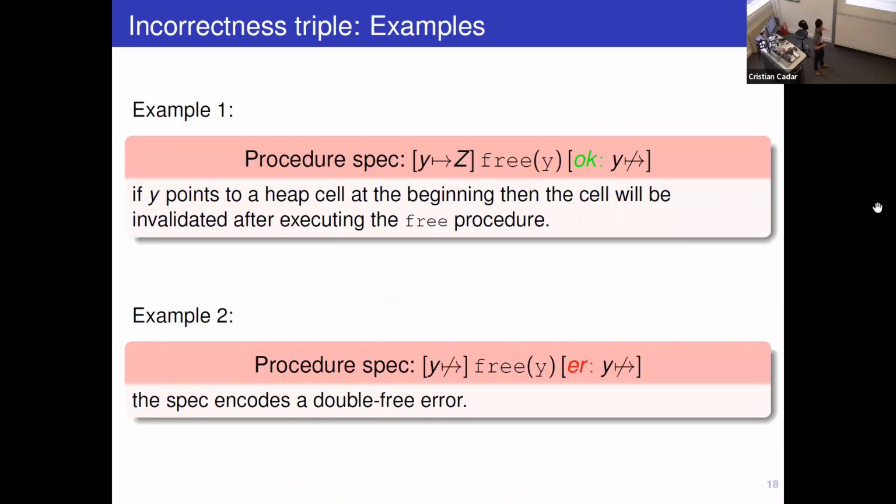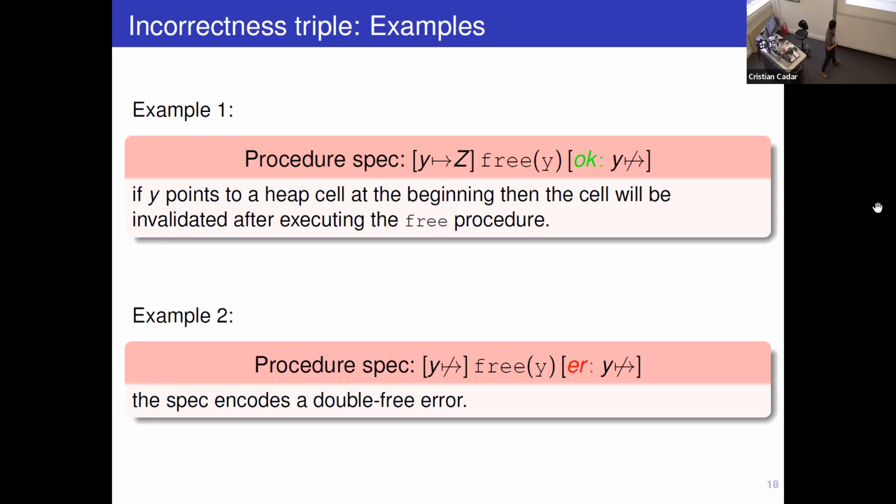Let's see two examples. The first example is the triple, the summary of the free function. If y points to a heap-allocated cell in the precondition at the beginning, the cell pointed to by y will be invalidated, deallocated, when we execute the free.